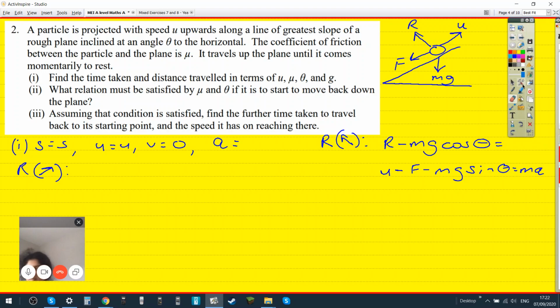So that one, ma will be 0 in that direction. It's equal to mg cos theta. So this direction is going up the plane? Yeah. Okay, what do we do next?